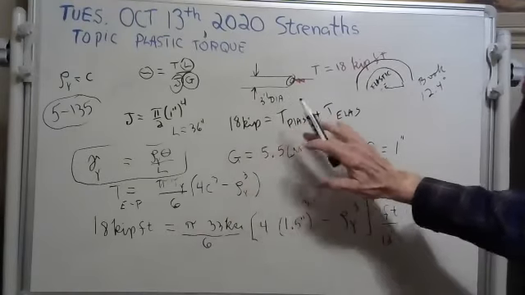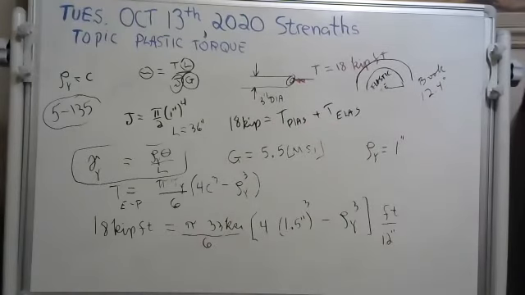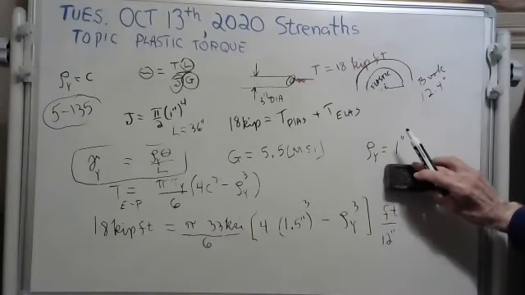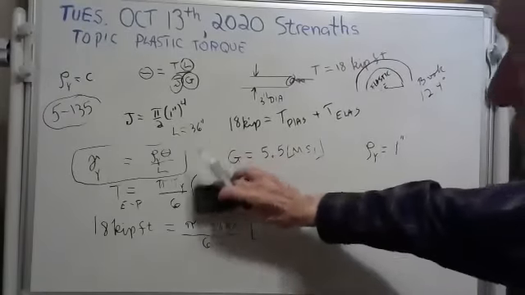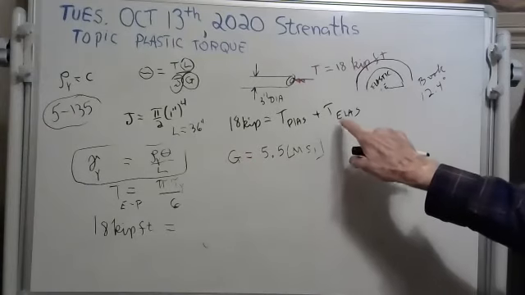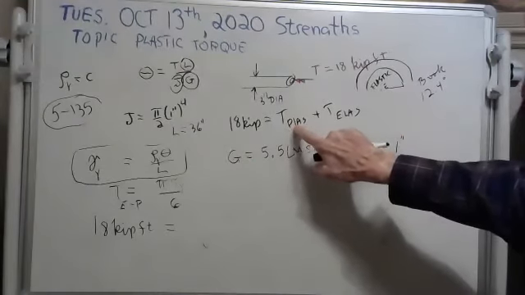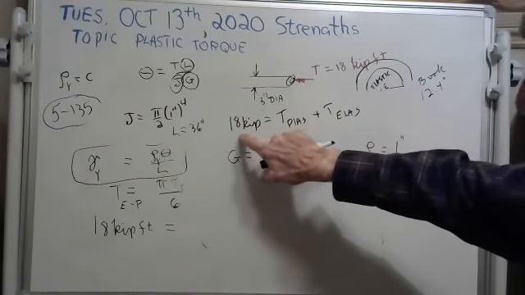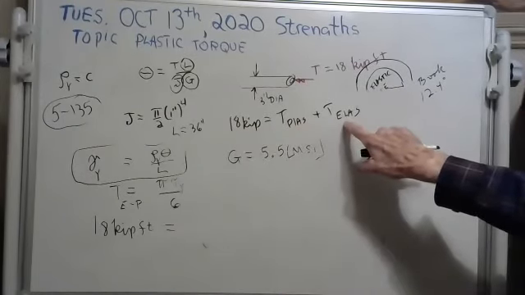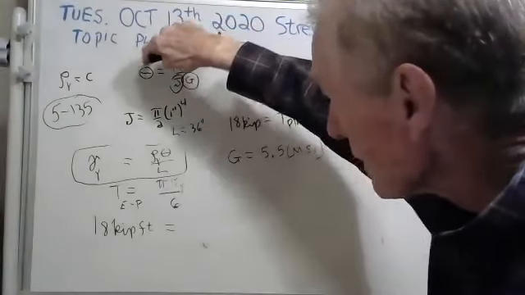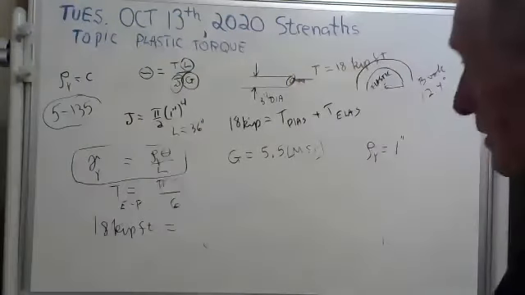We would have to know how to divide these up. Well, I could show you how to do that. I need some room though. It's not that hard. Actually, it's easier to get the torque in the plastic region and subtract, and then you could get the torque in the elastic region. If we could get that, we could find the angle of twist. How am I doing? I got 2.5 minutes.